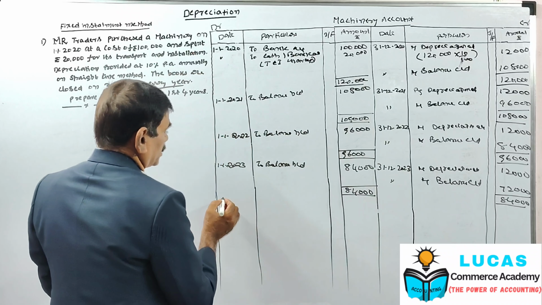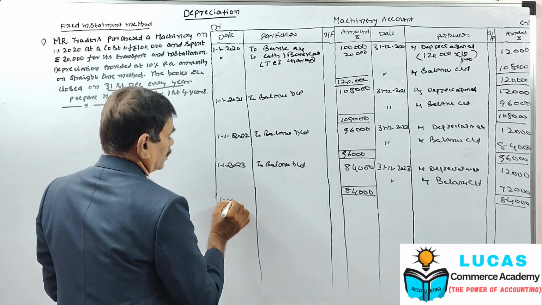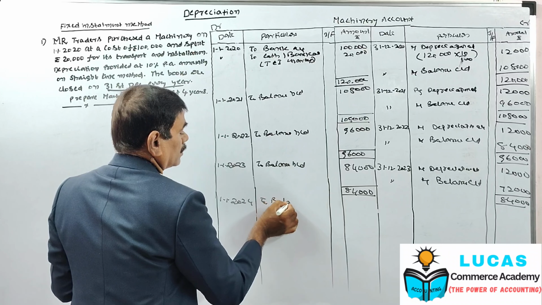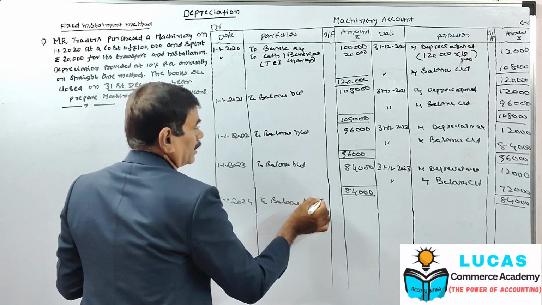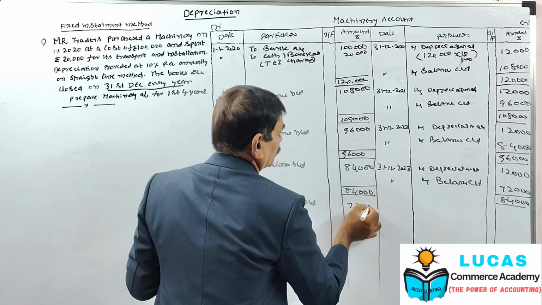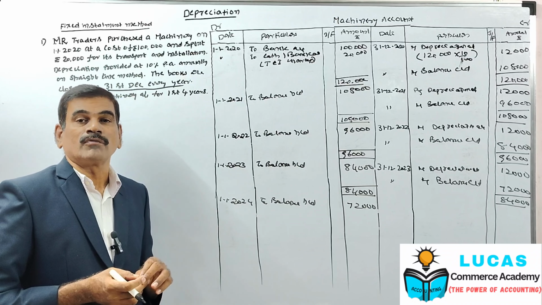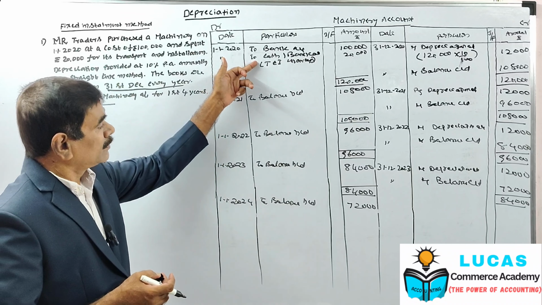Then brought forward to next period, 1/1/2024 to balance B by D 72,000.